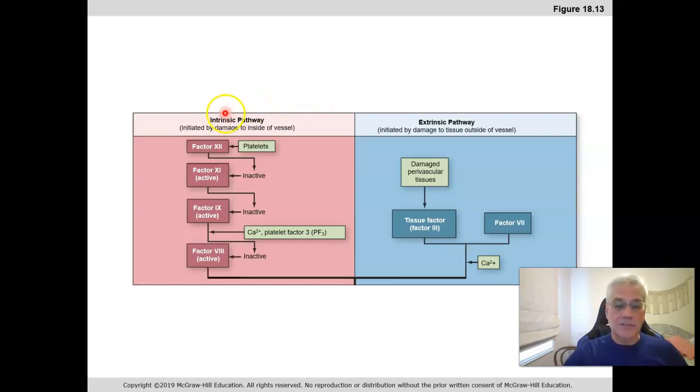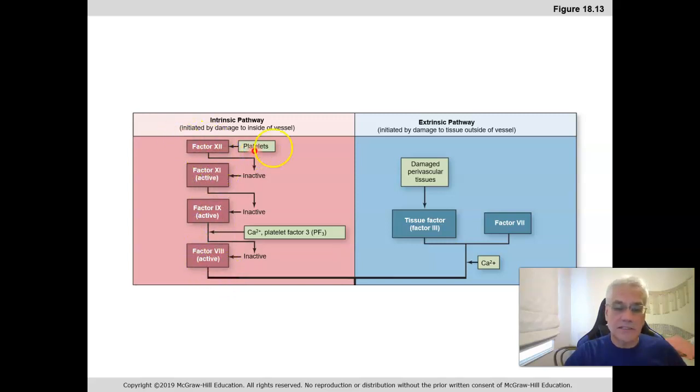Let's go to the intrinsic pathway. Intrinsic, we have some sort of internal damage, internal event, internal thing that results in the release of factor 12. Remember, that's also called Hageman factor. That activates factor 11. Factor 11 activates factor 9. Factor 9 activates with some other things, activates factor 8. Again, you don't have to know all these things.